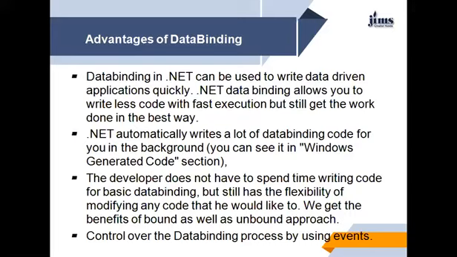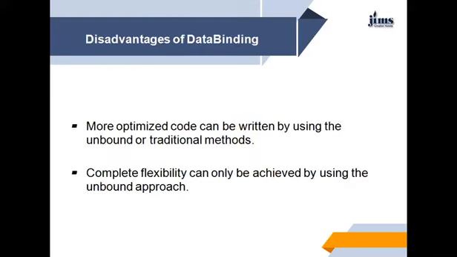You can see this in the Windows generated code section. The developer does not have to spend time writing code for basic data binding, but still has the flexibility of modifying any code that he would like to. We get the benefits of both the bound and unbound approaches, with control over the data binding process by using events.